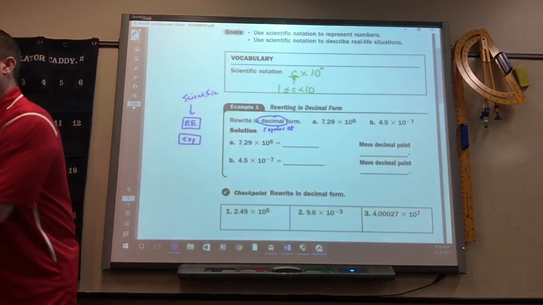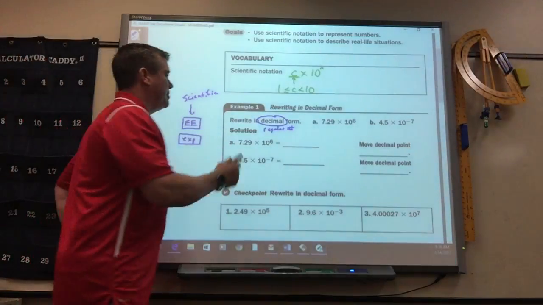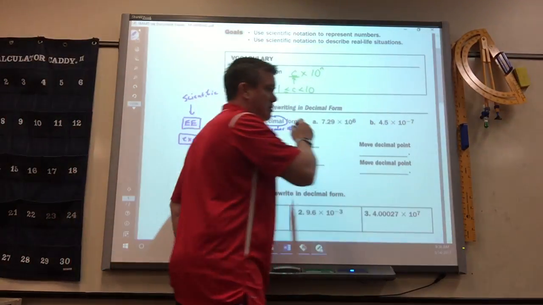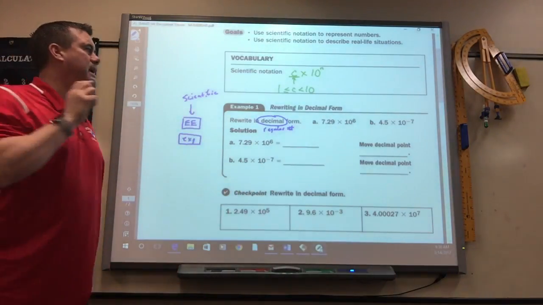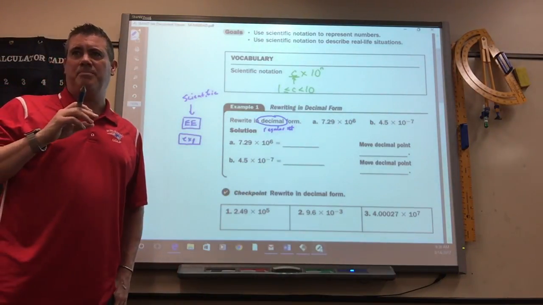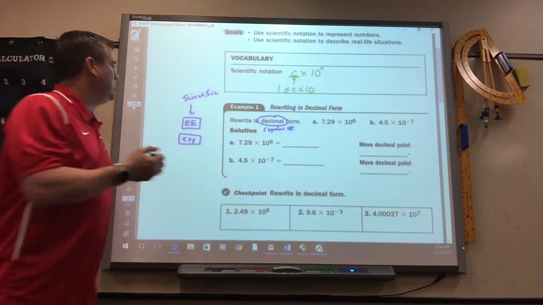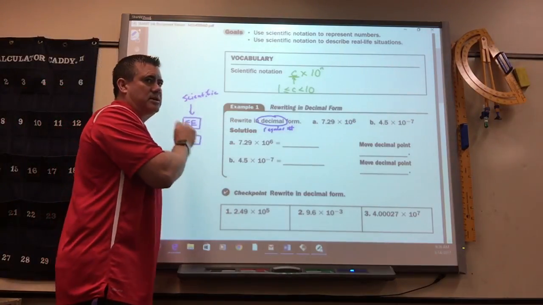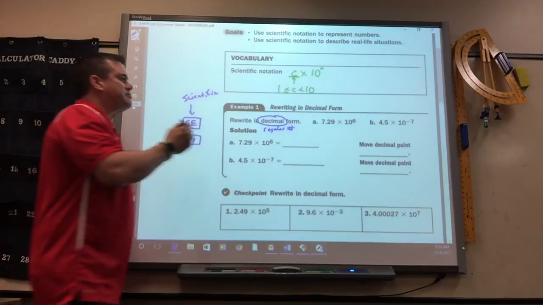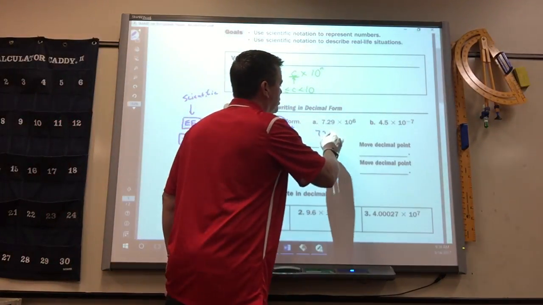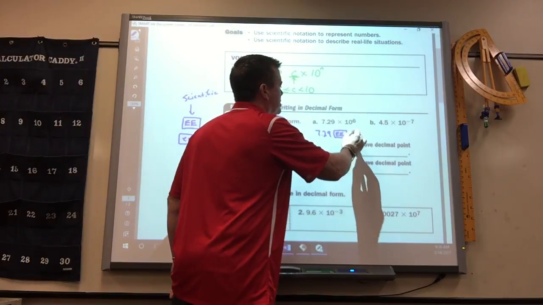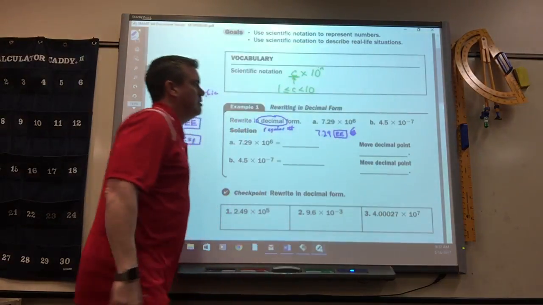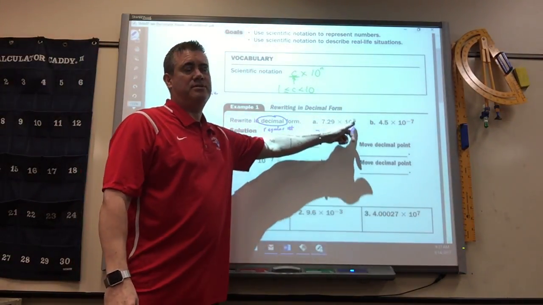Now, when you're doing these on the calculator, you can type it in, but a lot of times it messes it up. You've got to put it in exactly the right way. If you use this key, it's guaranteed to get it right. You would put 7.29, hit the EE button, and then just hit whatever the exponent is, 6.